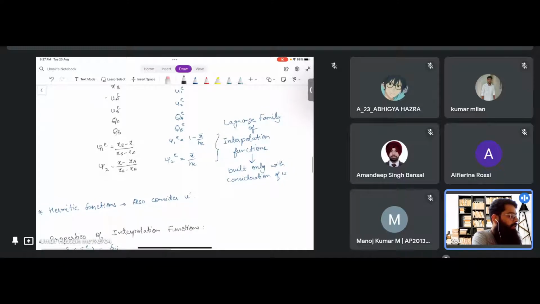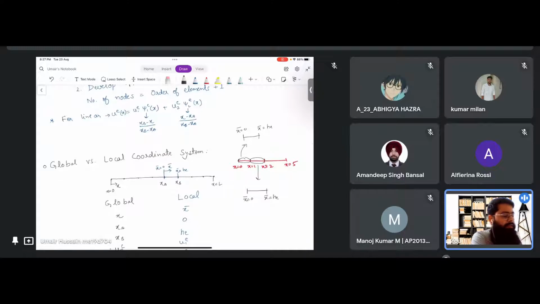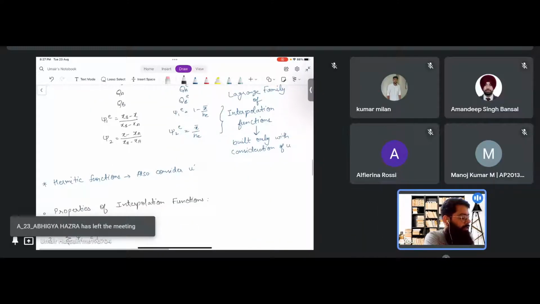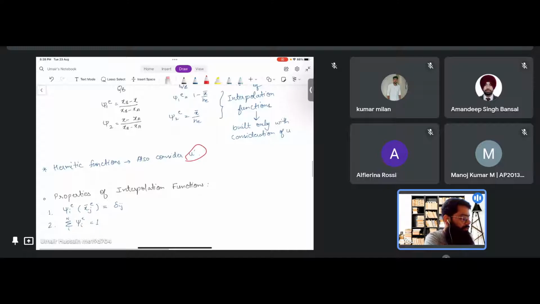This is derived by directly using the value of the function, but there's another family of shape functions which also considers the derivative of the primary variable. That is called the Hermite functions. These would be used in beam problems, where the slope of the beam is also required as a main variable. So that we'll discuss later.